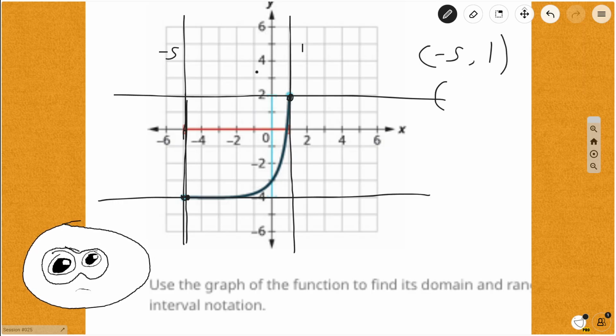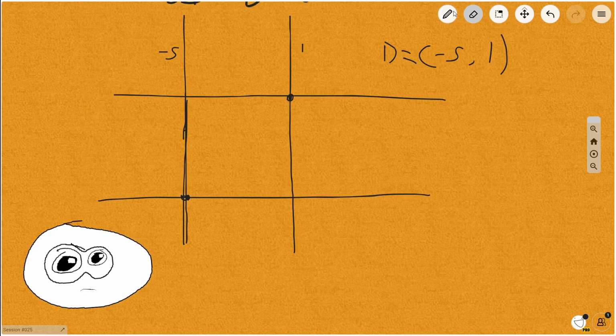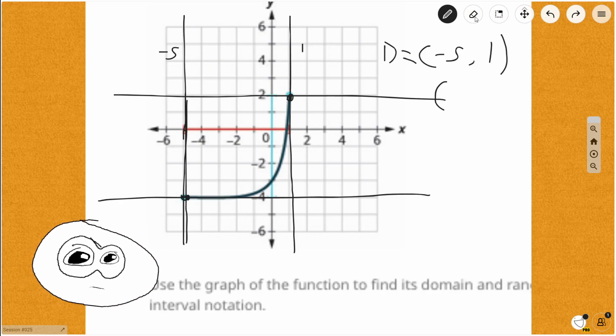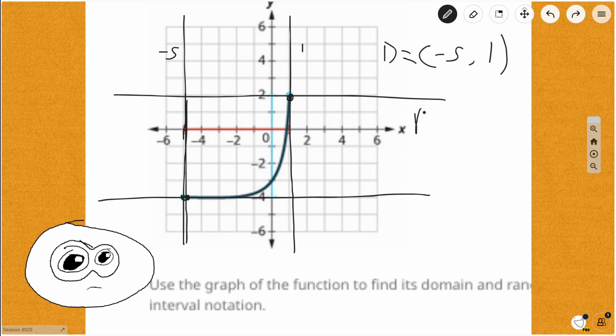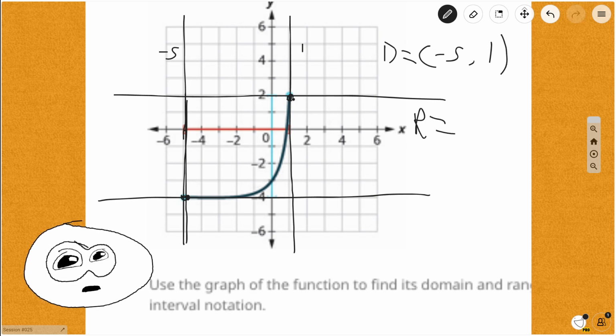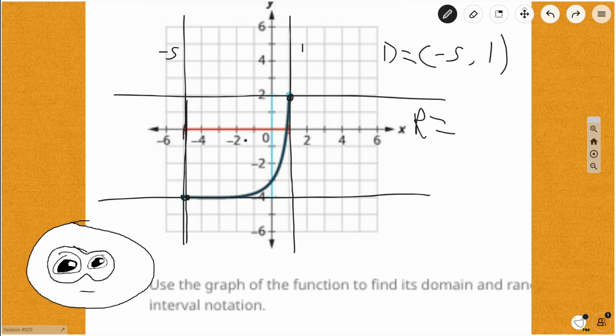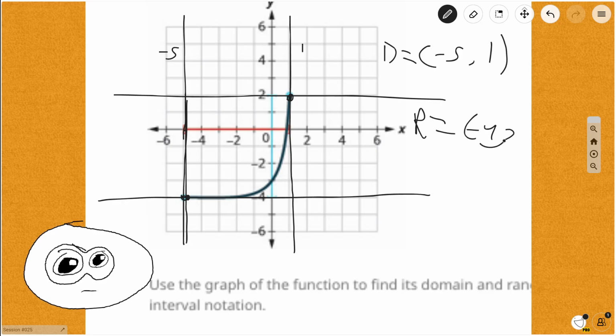The range. I erased that thing. And the range is not the same because they're not the exact same numbers. They're in a similar place, but it's actually -4 and 2. Because you got to count from here.